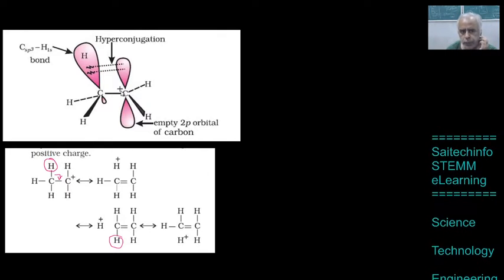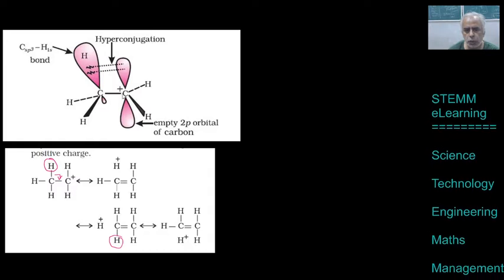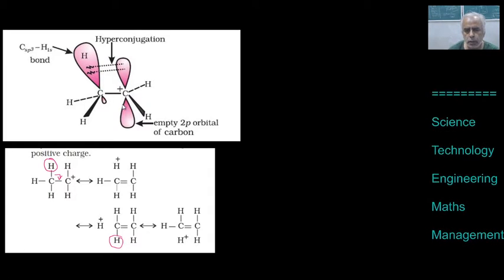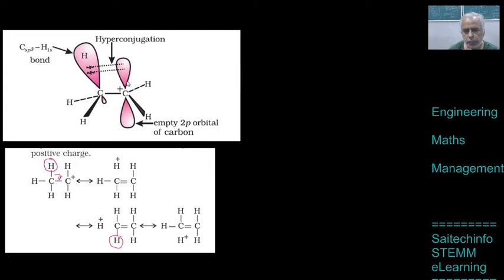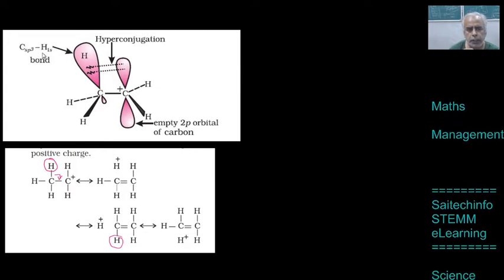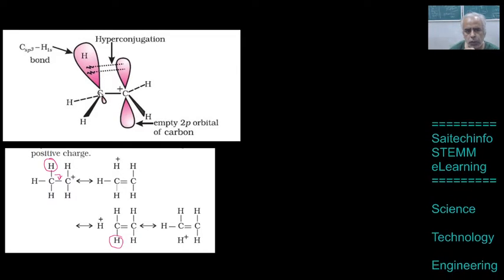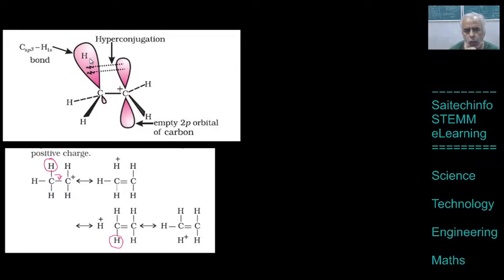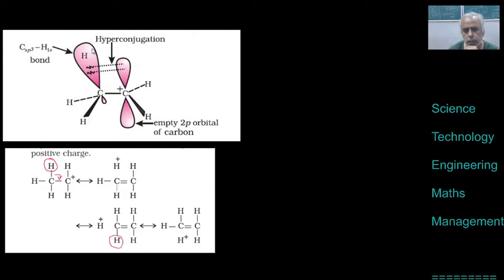Now let me explain here. For instance, here you have got CH2, and you have got the p orbital like this. So this is the empty orbital, and here you have got CH3, so it is sp3 hybridized. This sp3 hybridized carbon has one hydrogen with 1s orbital, so that bond is responsible for this.